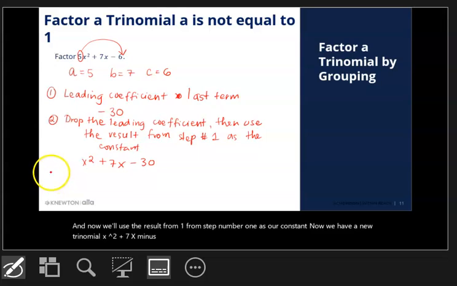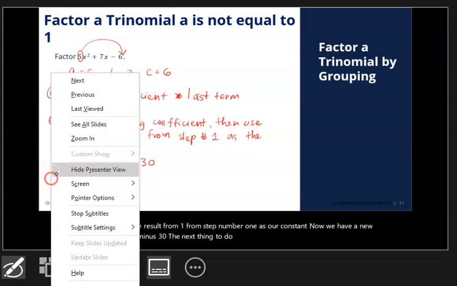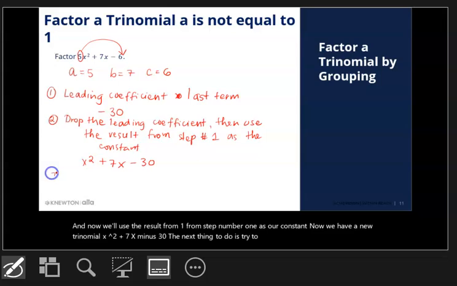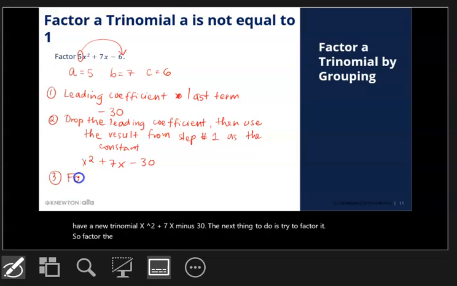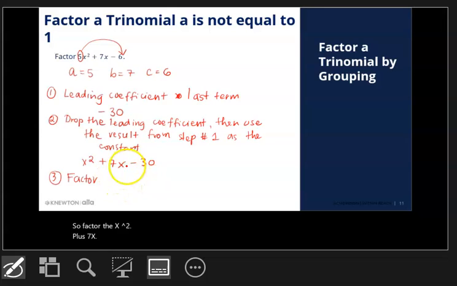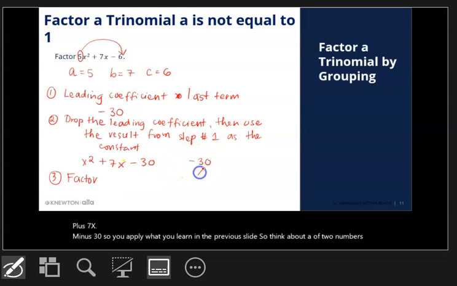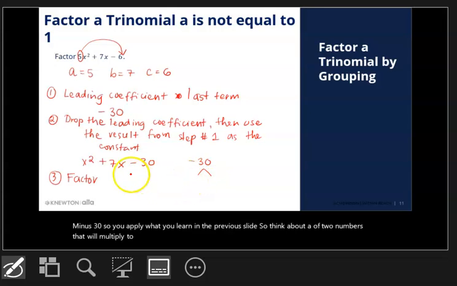The next thing to do is try to factor it. So factor the x squared plus 7x minus 30. You'll apply what you learned in the previous slide. So think of two numbers that will multiply to 30 but will add up to positive 7.